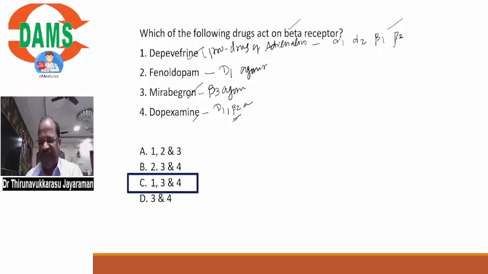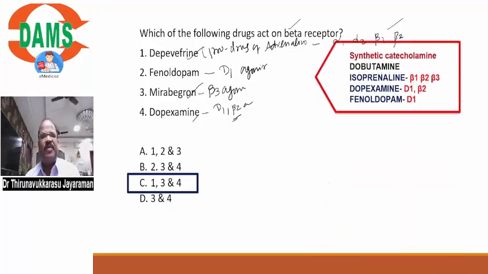We very frequently discuss this in our classroom. For example, when we discuss catecholamines, we have synthetic and endogenous. In synthetic, I discuss in the classroom dobutamine, isoprenaline, dopamine, fenoldopam on the same slide. Dobutamine mainly acts on beta 1, isoprenaline on beta 1, beta 2, beta 3, dopamine on D1 and beta, and fenoldopam on D1.